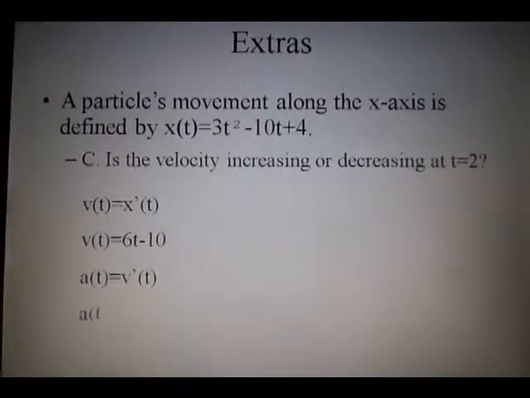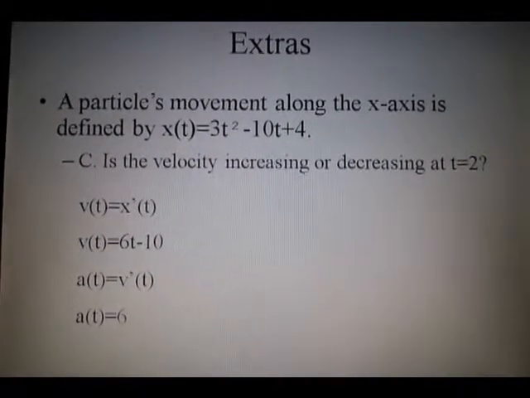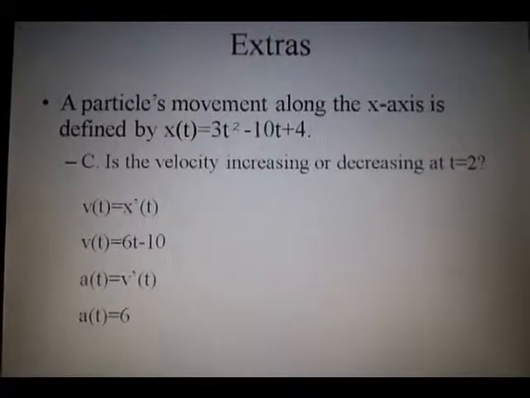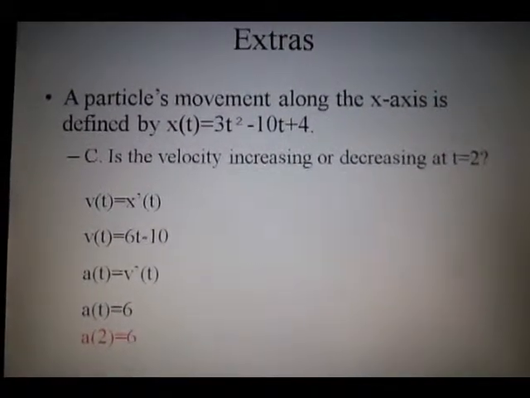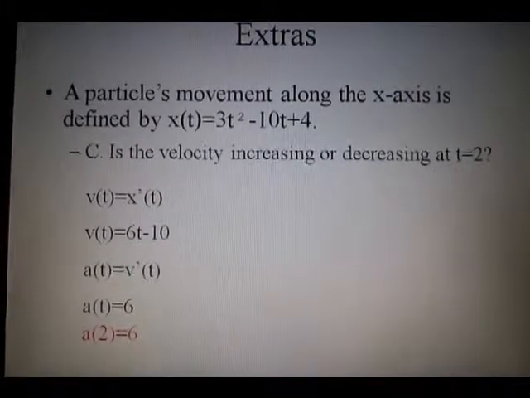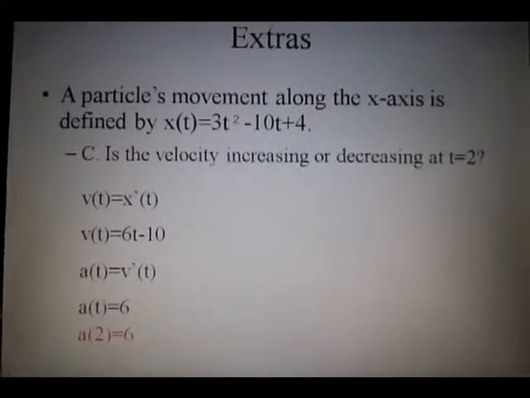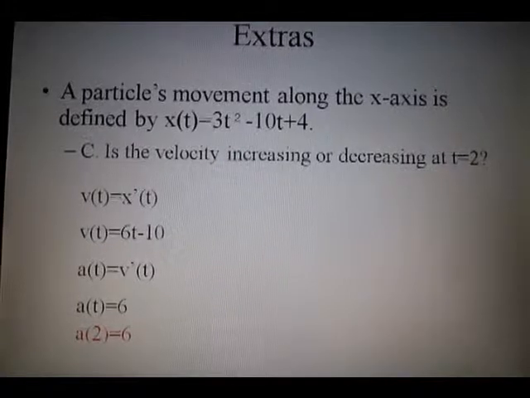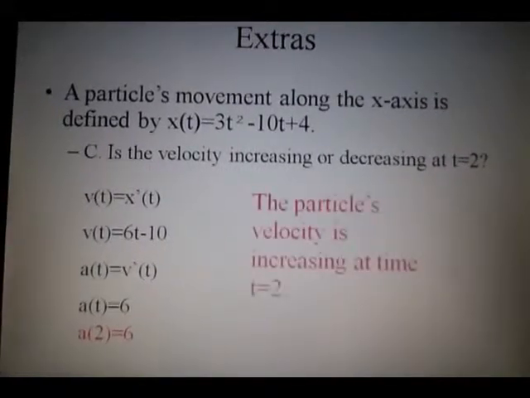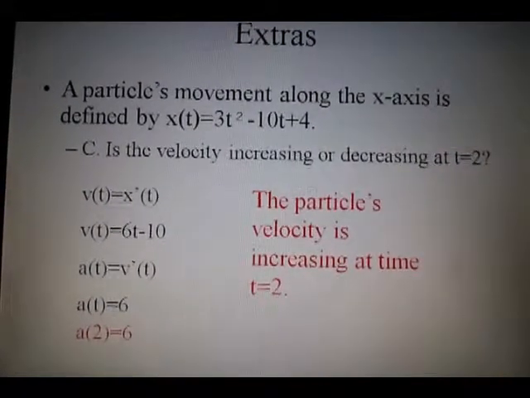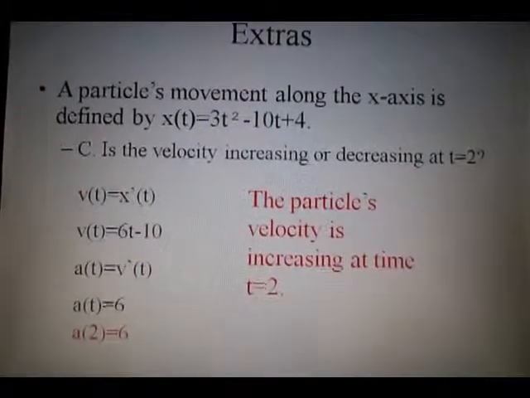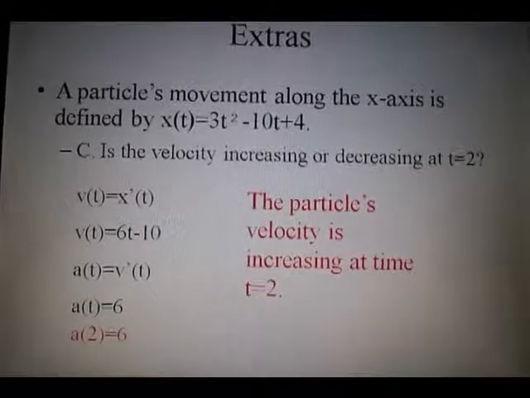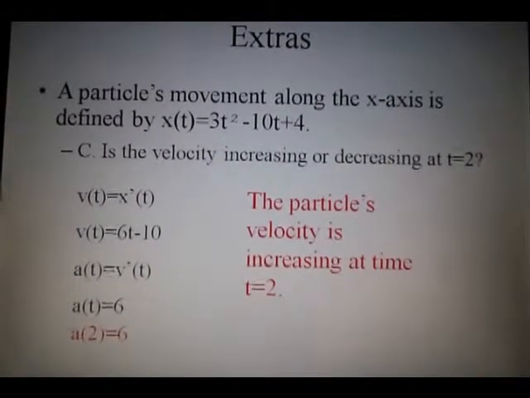Now to find acceleration, you derive again, and your answer is 6. Now, you can substitute into the acceleration equation or function, and you get a of 2 equals 6. Now, since your answer is positive, that means that the particle's velocity is increasing at time t equals 2.